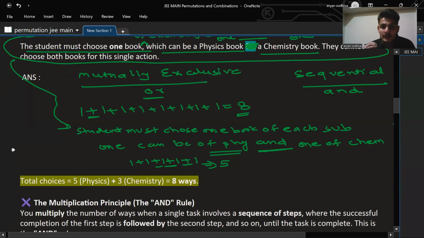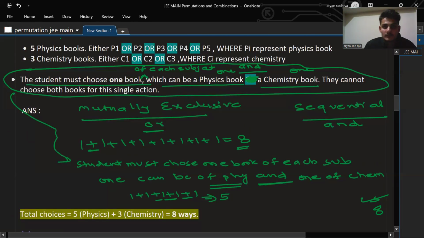But our task is not yet completed. Sometimes an option 5 is also given. So in a hurry, we sometimes misunderstand the question. Like there are 8 books and I need to select one out of them, as it was in the previous part when "or" was there.